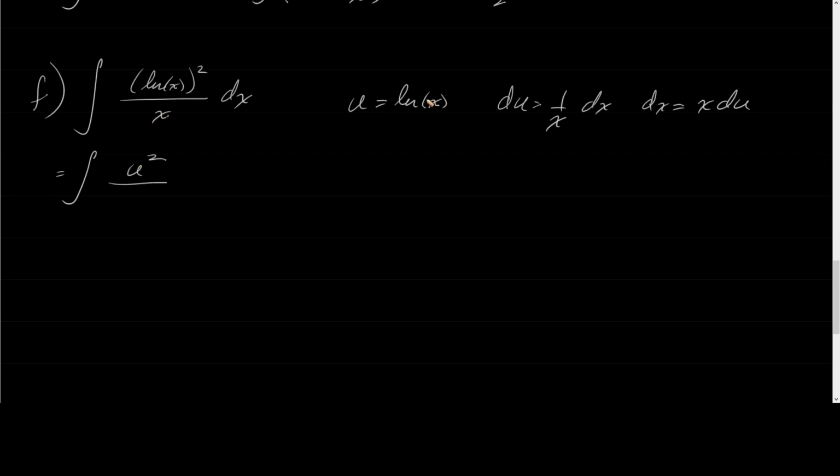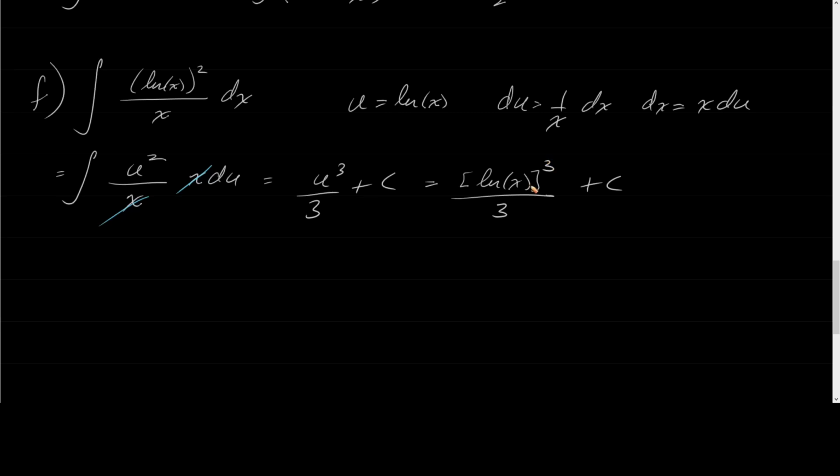This x, we did not use it for our substitution, so it's still there. This dx was x du. And at that point, we see that the x's cancel each other out, giving us the integral of u squared, which is u cubed over 3 plus c. At that point, we say the problem was not about u, so we have here (ln of x) cubed over 3 plus c, and that's a cube there.